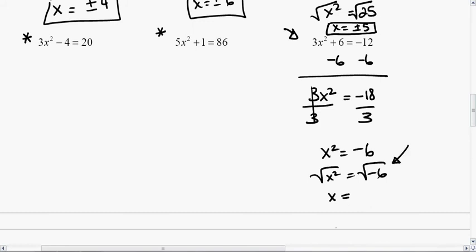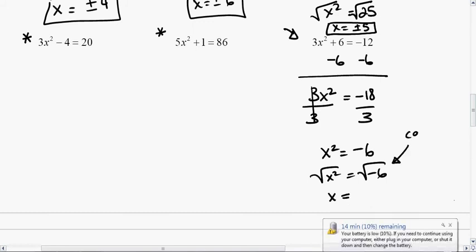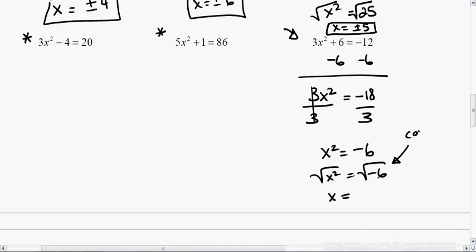I have a complex number here, because there's a negative under the square root sign. And in the context of geometry, we don't have any tools for dealing with that. So we are going to have to stop here and say that x equals no real number, or no real number exists.